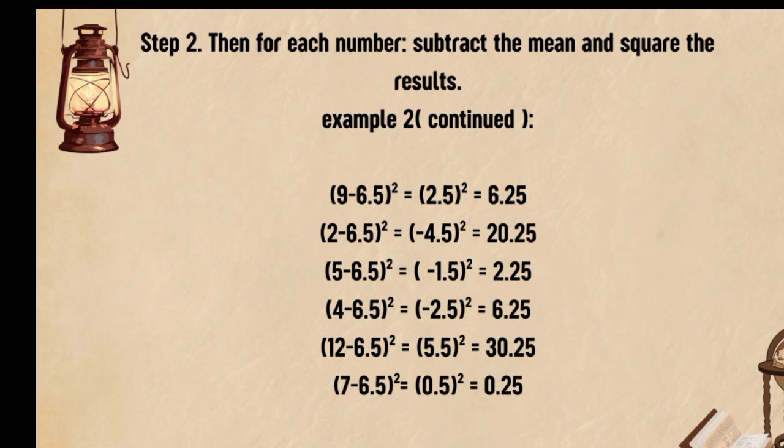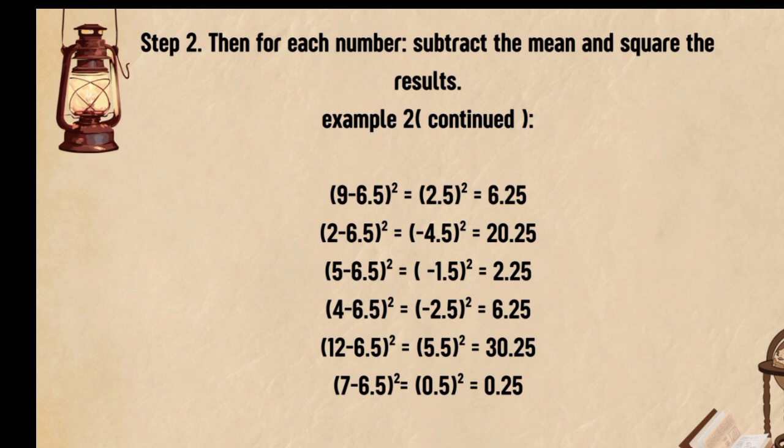Next, 2 minus 6.5 squared is equals to negative 4.5 squared is equals to 20.25. So, 5 minus 6.5 squared is equals to negative 1.5 squared is equals to 2.25. And next, 4 minus 6.5 squared is equals to negative 2.5 squared is equals to 6.25.